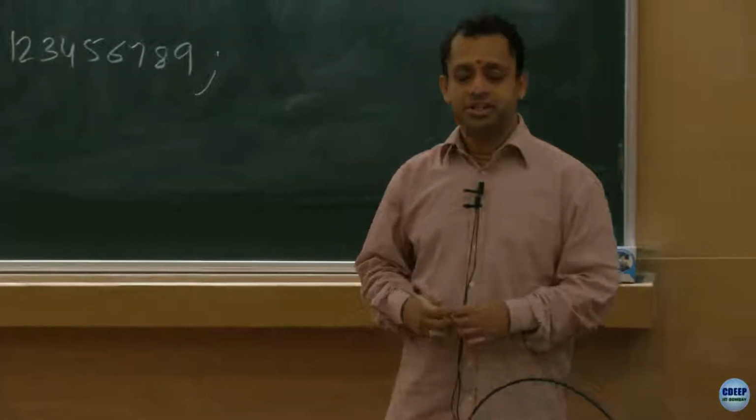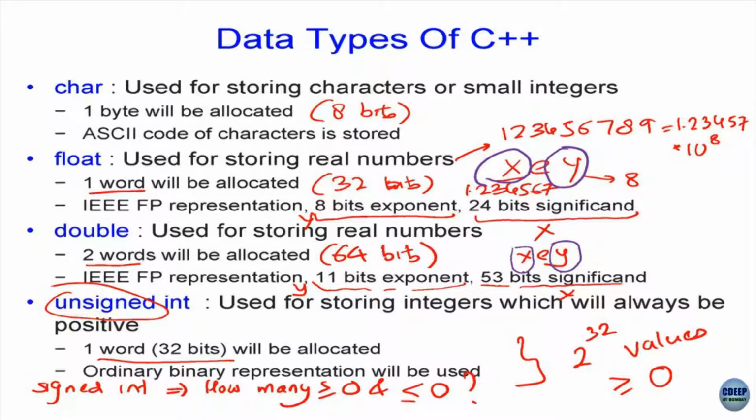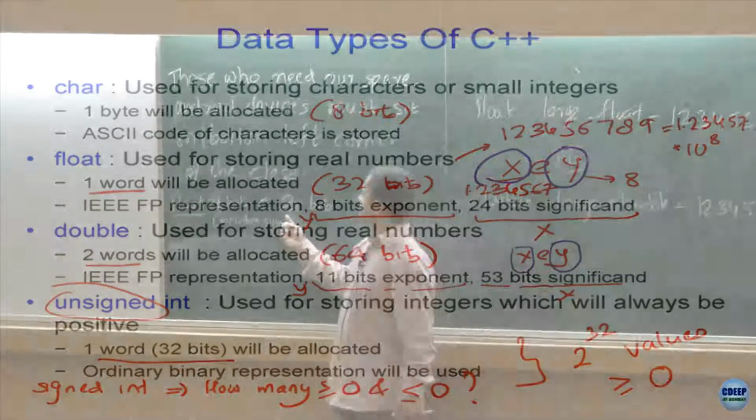Before I move on to representation, there is one more type I want you to be aware of, which is unsigned. I've been making some remarks such as the following.